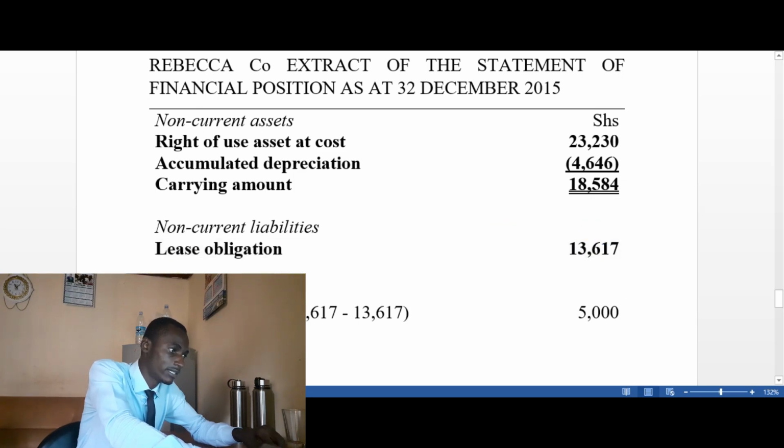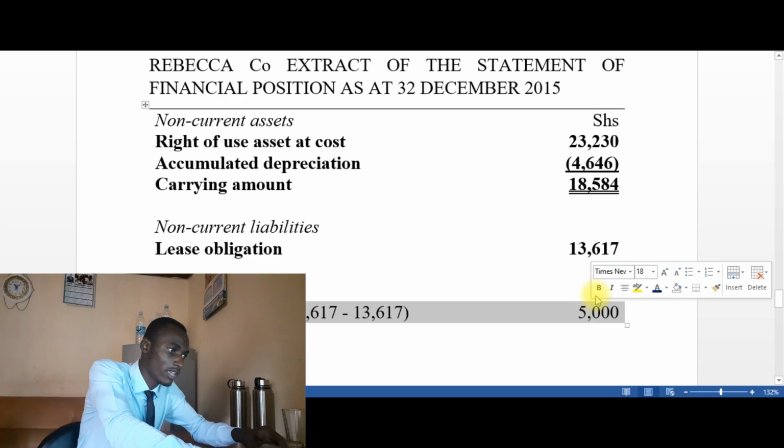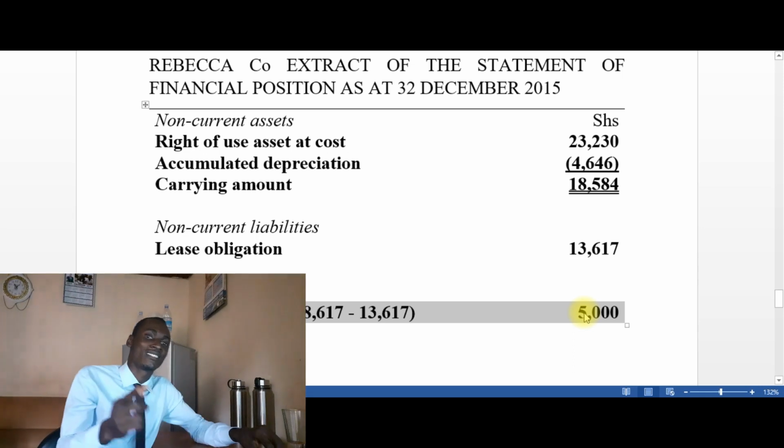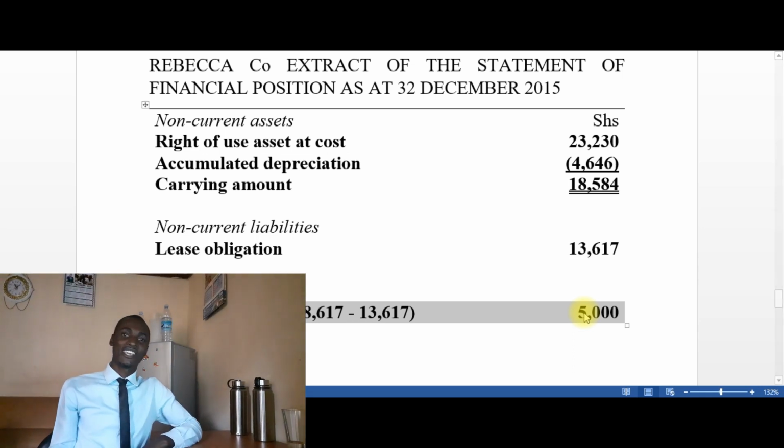Then the current liability of the lease obligation, that is the total lease liability at the end of the first year, which is 18,617 minus the non-current liability. The balance is 5,000, which is your current liability. So that's how we present the information about leases in the books of the lessee. That is in the statement of profit or loss and in the statement of financial position.